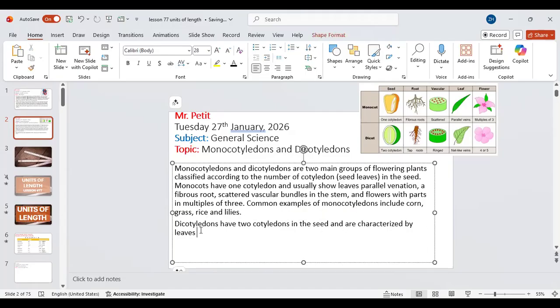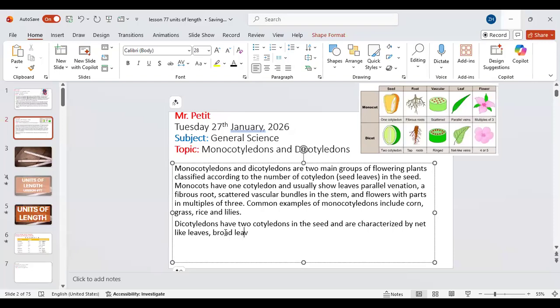Dicot leaves have two cotyledons in the seed and are categorized by net-like leaves. So net-like veins. What else do they have?